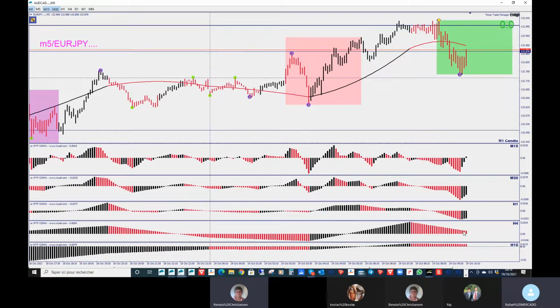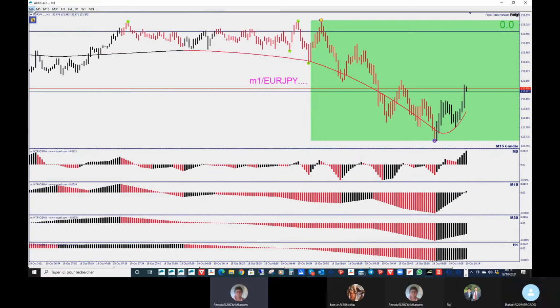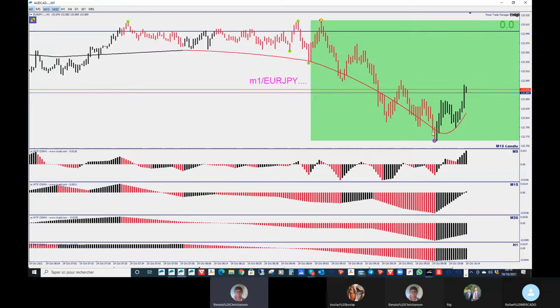The 4 hours is not ready yet. To 1 minute. Still red, the trend line.